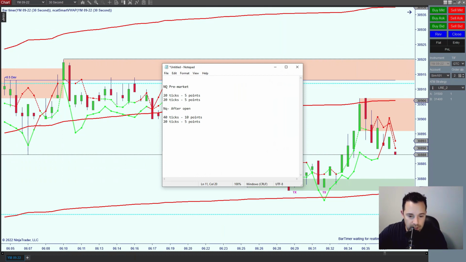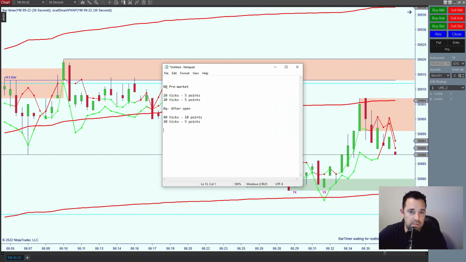Now, the reason why I'm also showing YM is because I could go over NQ in the pre-market. That's what I normally trade, one hour before the open. But the problem is a lot of people don't trade that time. A lot of people trade the open. So I want to show these setups during normal market hours.